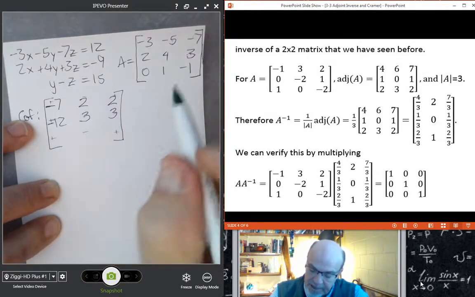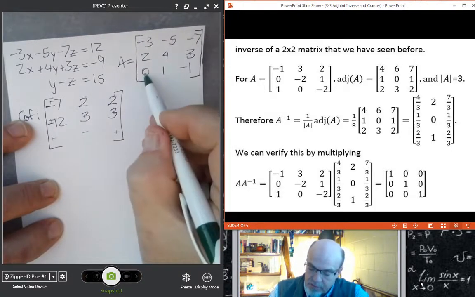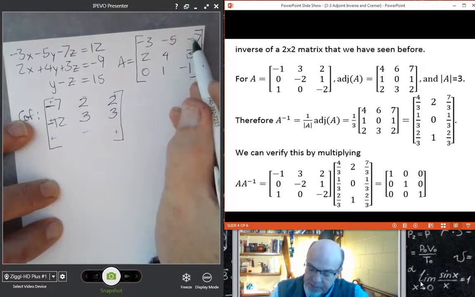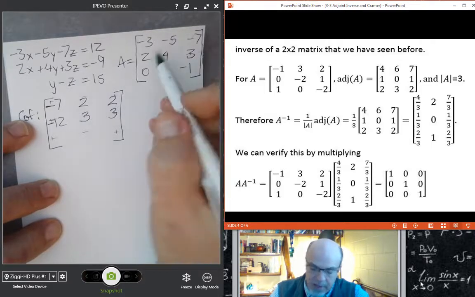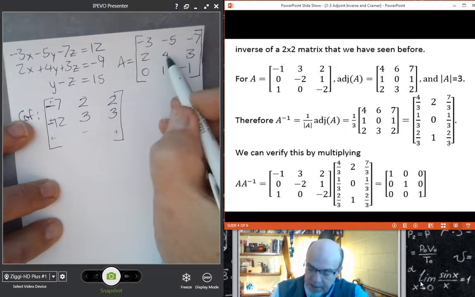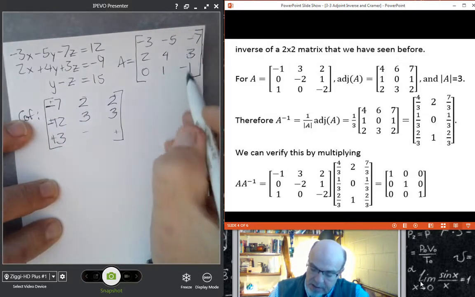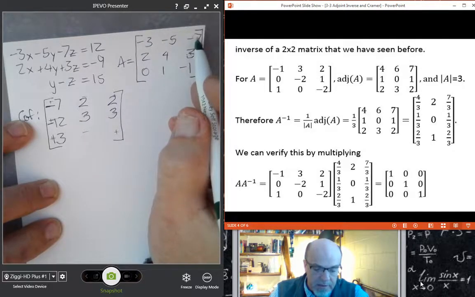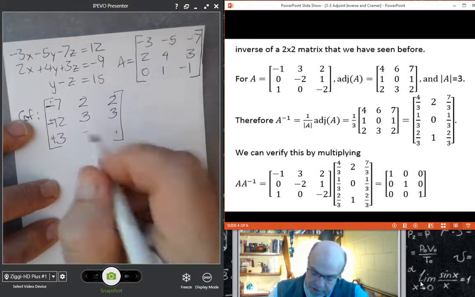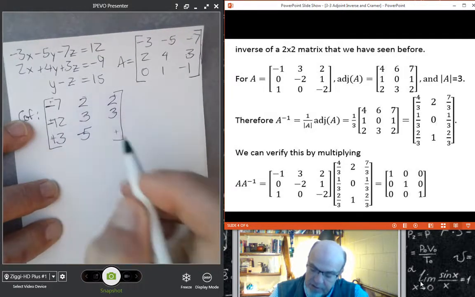Okay? And then finally, taking out the first column and third row, you have negative 15 minus a negative 28. Okay? Negative 15 minus a negative 28 is 13, and you have negative 9 minus negative 14, which is 5, but this is negative, so negative 5.